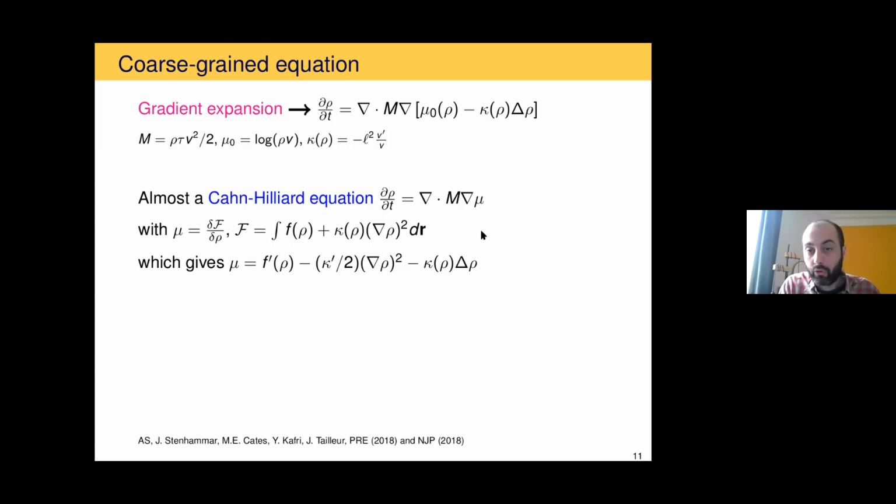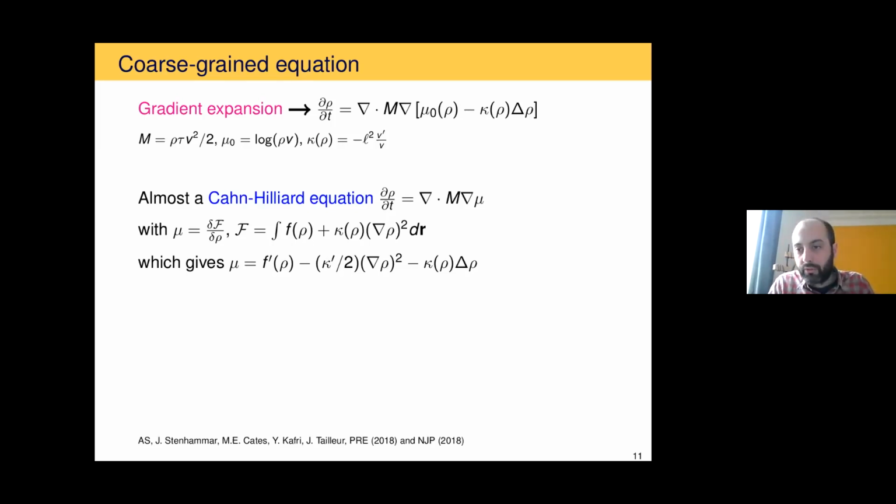And you can compare that to what is here in the equation for the active system. The local term is fine. You can always choose f prime so that it's the same as mu naught here. And we have the same term kappa Laplacian. But you see that here you have an additional term that's proportional to grad rho squared.